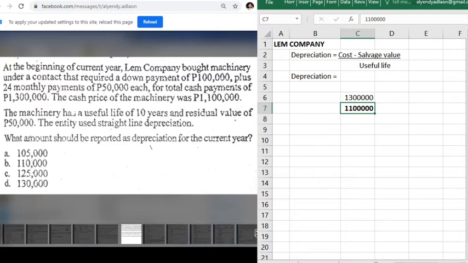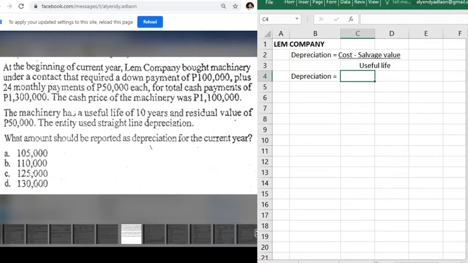That is the cash price. Since it is to be paid by installment, the 1,300,000 is only the installment price, and any difference between the cash price and the installment price will serve as our interest. This means that of the 1,300,000, 1,100,000 is only the cost of the machinery, while the 200,000 is just the interest.